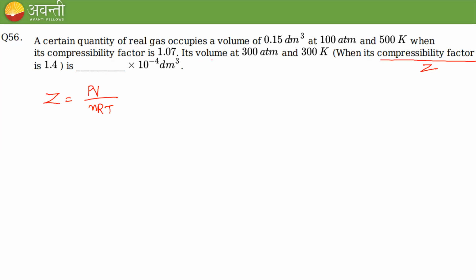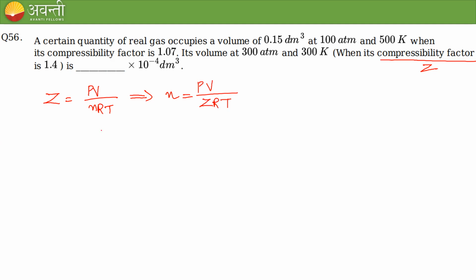And we are asked to find out the final volume, which is V2 here. Now we need all the terms: pressure, compressibility factor, R, T, V, everything. So the number of moles cannot be found out directly; the number of moles has to be found out first. So n is equal to PV by Z into RT.